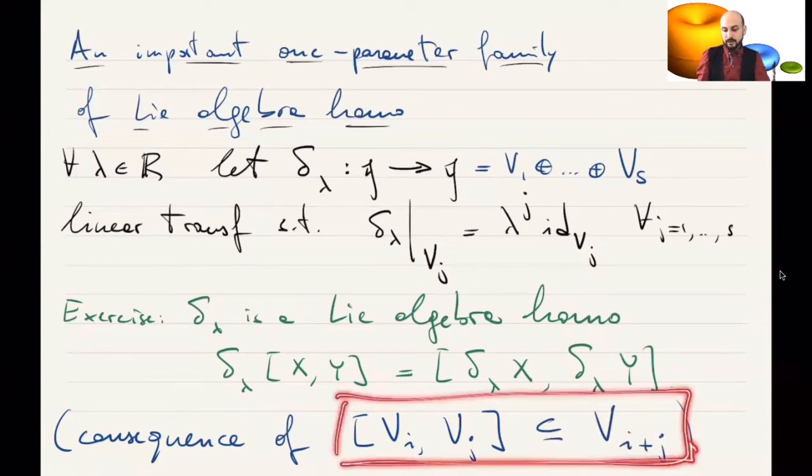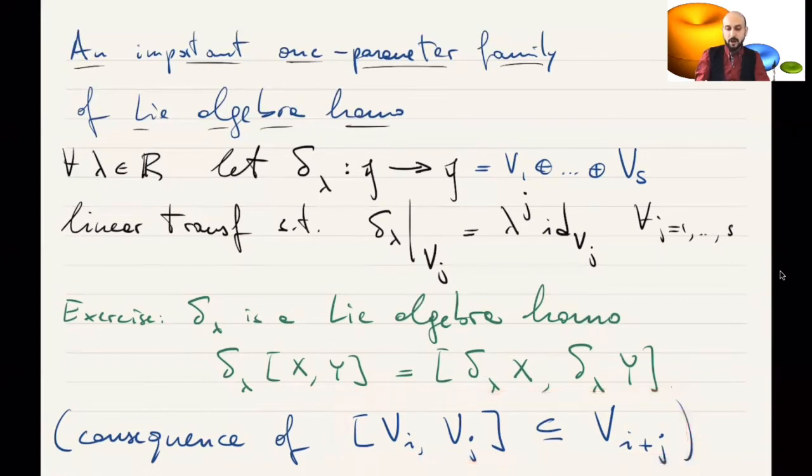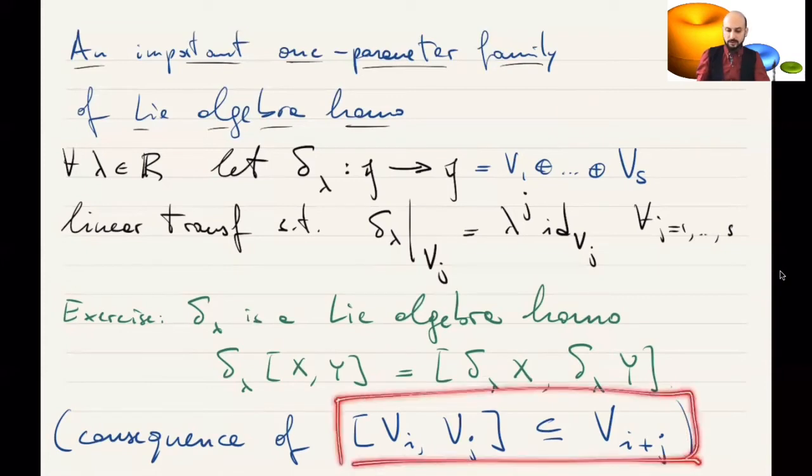You prove this by induction, knowing that the bracket of V1 with Vj goes to V_{j+1}.